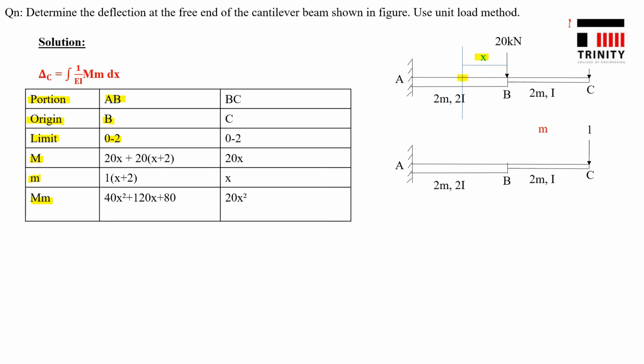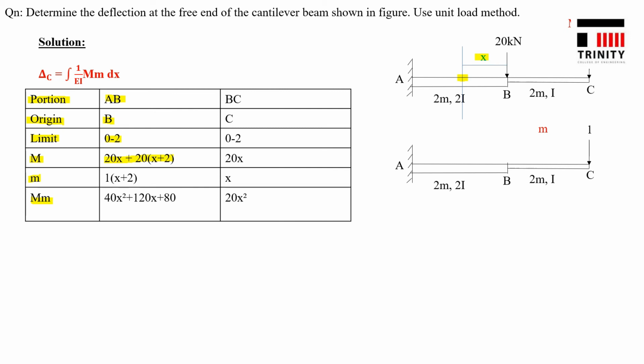For taking moment, either consider forces on the right side of the section or on the left side. Here, we are considering forces on the right side of this section. So, the moment is 20x plus 20 into x plus 2.